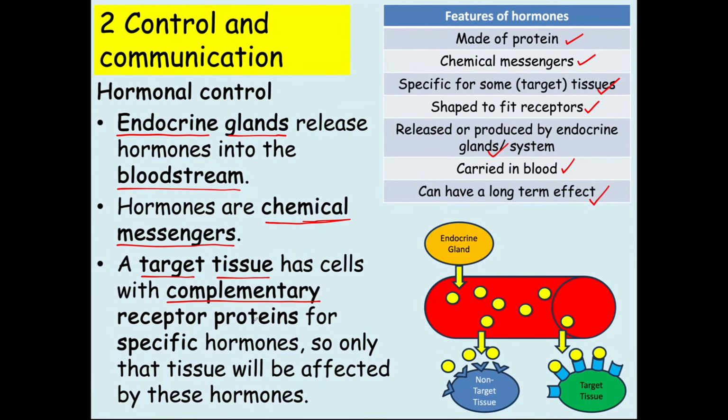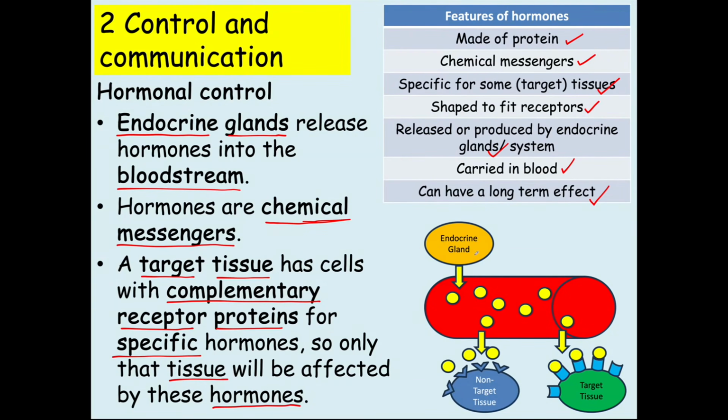We know from Unit 1, complementary means that it fits well together, and we know receptors as well from topic 1.4. And again, we've used that word specific before in biology. We use it a lot. And it means that only one thing will fit with another thing. In this case, only that tissue, the one that's specific, will be affected by those particular hormones.